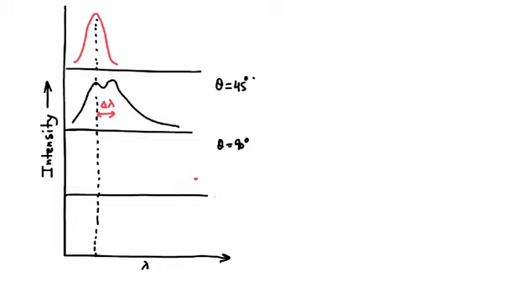Here the wavelength is shifted a little bit. Now if the scattering angle is 90 degrees, if you plug into the equation, the shift in wavelength will be much larger, and the larger shift can be easily seen when theta is 90 degrees.